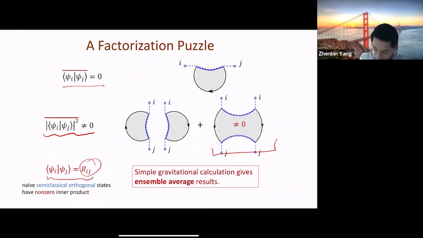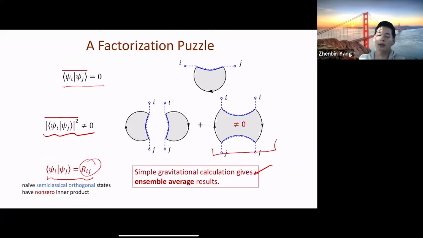So the philosophy I'm going to take is that maybe the simple gravitational path integral only gives us the ensemble average result. That means if we try to talk about some quantum mechanics physics, like Hilbert space dimension or entropy of the system, we need to be more careful. We must not be cheated by a single gravitational picture.